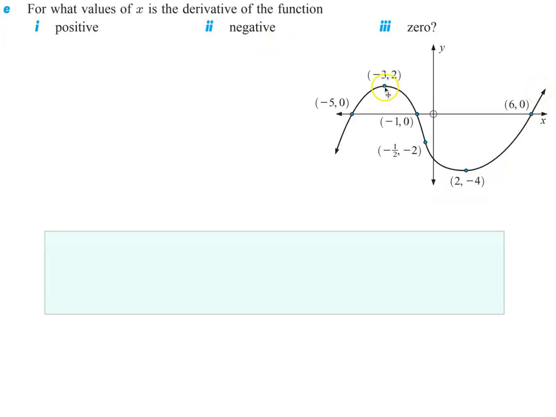Negative is between x equals negative 3 and x equals 2, which is this part of the graph, and the derivative is 0 at that stationary point, because it's not going up or down.